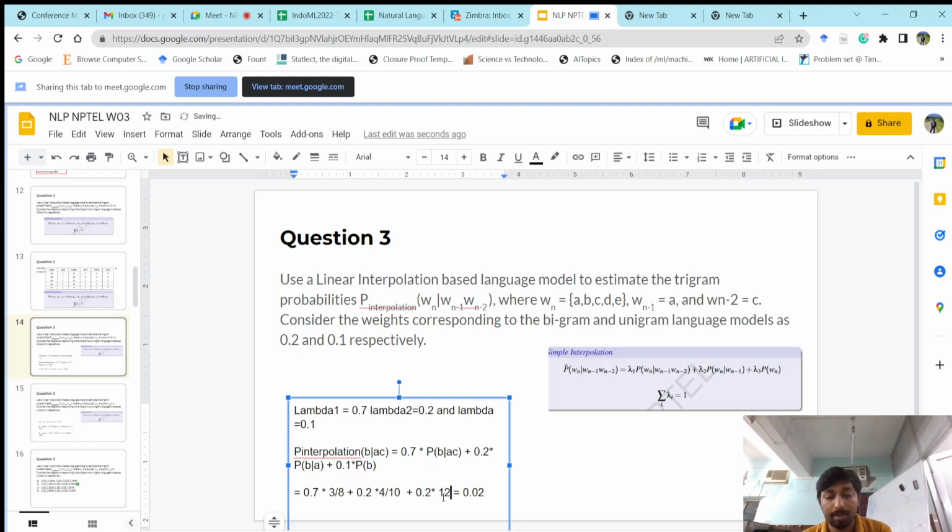So another answer was 0.38. How did you get it? This is the correct answer. But I want to know how you got 0.38, and then we can discuss what's wrong. Because lambda 3 is 0.1.